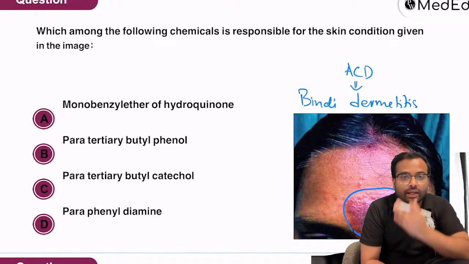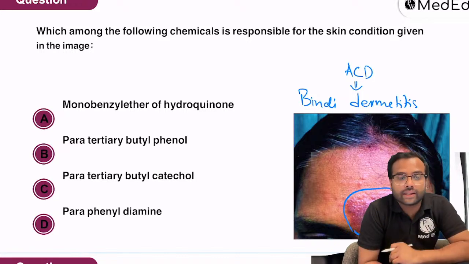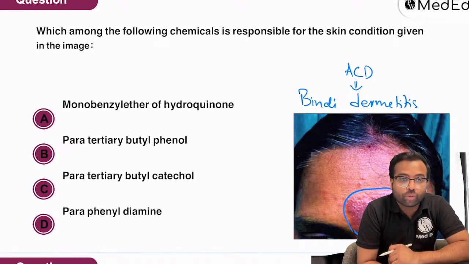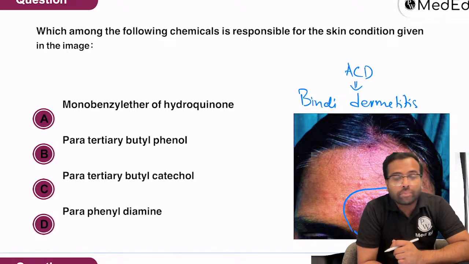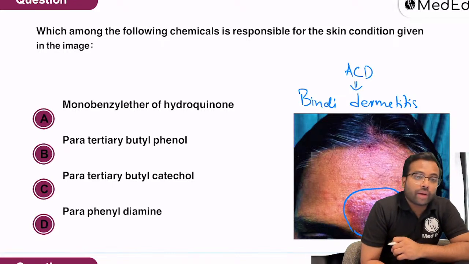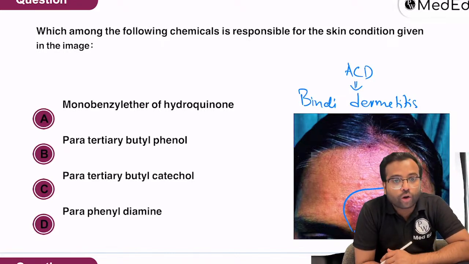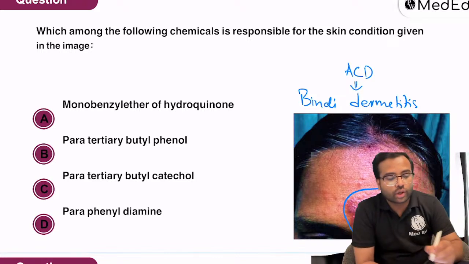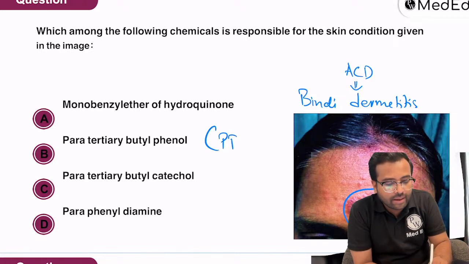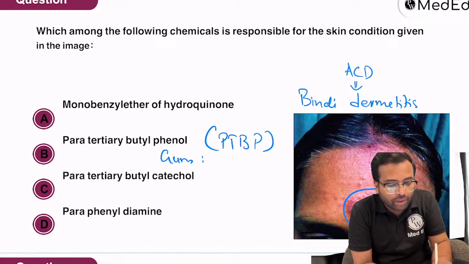So in bindi dermatitis, what is the chemical that is responsible? Is it monobenzyl ether of hydroquinone, para-tertiary butylphenol, para-tertiary butyl catechol, or paraphenylene diamine? Remember P, T, B, P, which is used as a gum or glue in bindi.